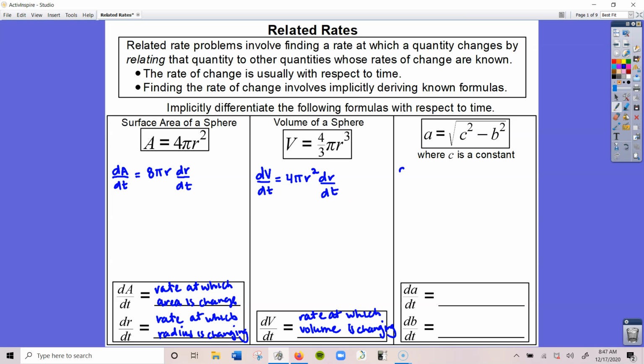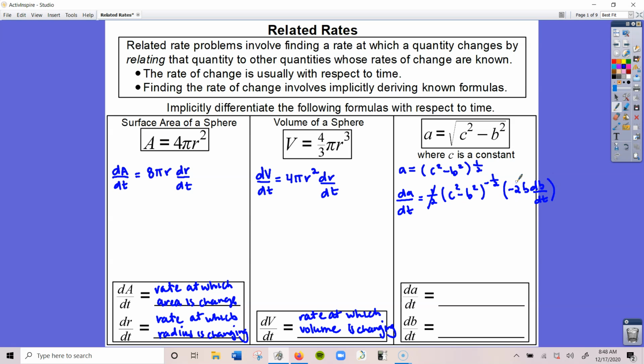So we can write A as c squared minus b squared raised to the 1/2. So that means that dA dt is equal to 1/2 times c squared minus b squared to the negative 1/2 times negative 2b dB dt.